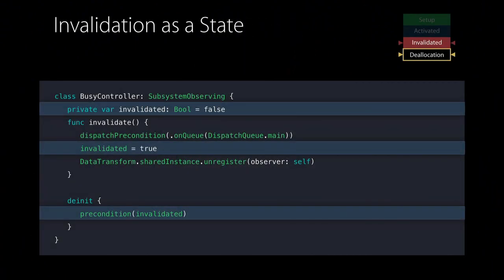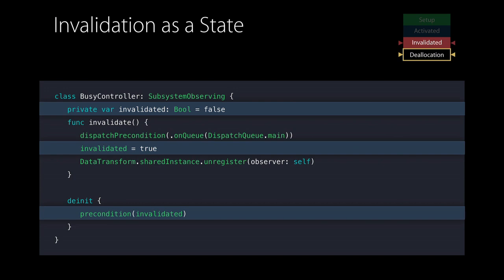Well, you want to track invalidation as a real state. And what does that mean? Well, just what it is. You want to track invalidation, for example, here, as a Boolean in your object, and remember when you did it. At the same time, let's throw in more preconditions and force that before your object is deallocated, it has been properly invalidated.